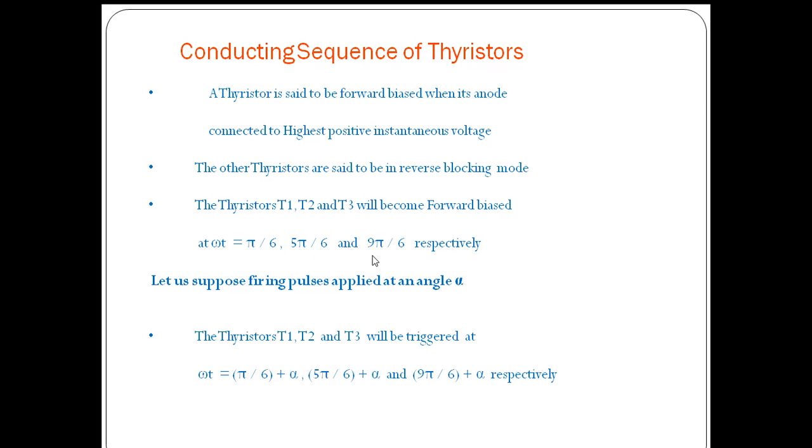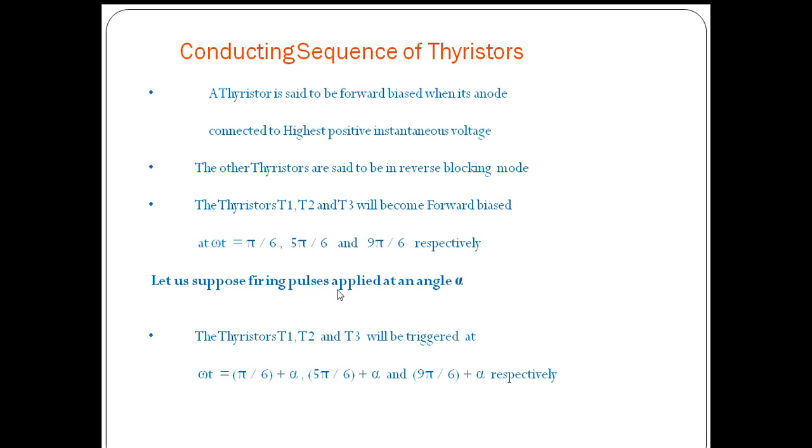We are going to see this in the waveform representation. In the three-phase waveform, phase A will become positive at pi by 6, phase B will become positive at 150 degrees, that is 30 plus 120, and phase C will be forward biased at 240 plus 30, that is 270 degrees.